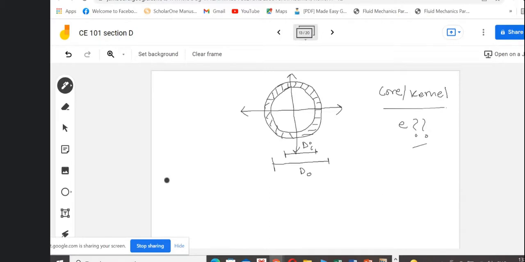What will be the Z value for this hollow section? So pi by 32 into d naught to the power 4 minus di to the power 4. Very good.